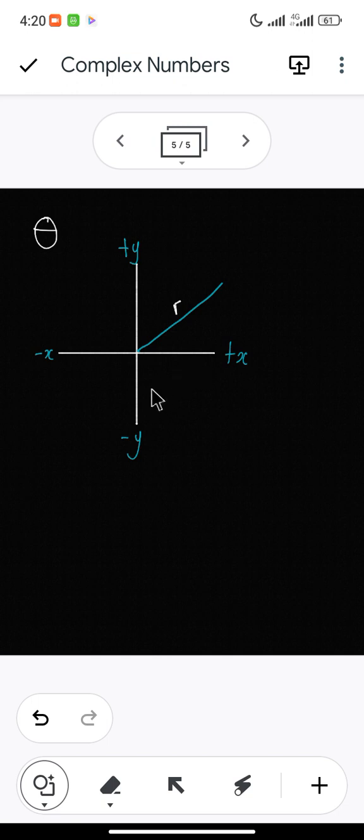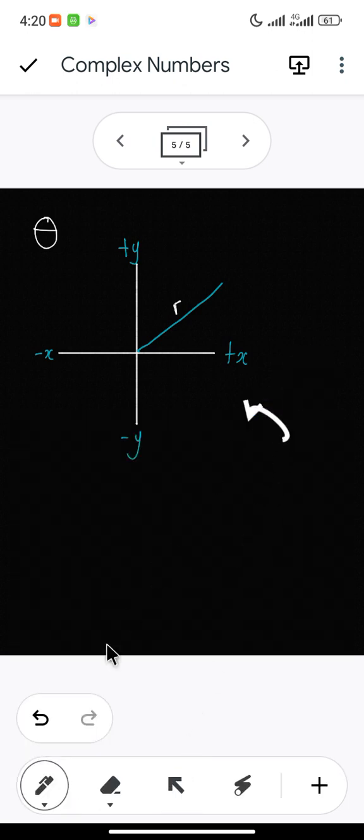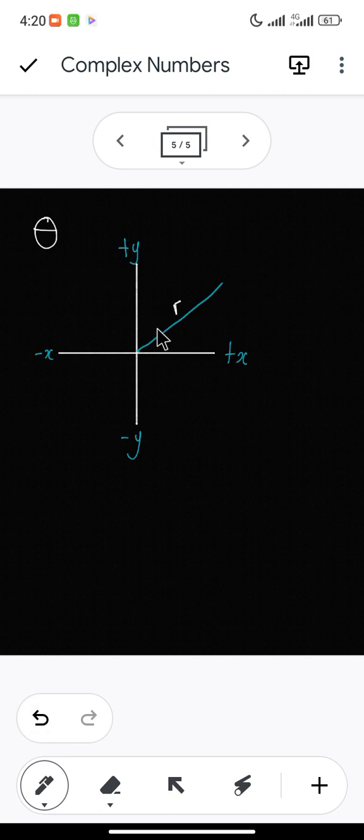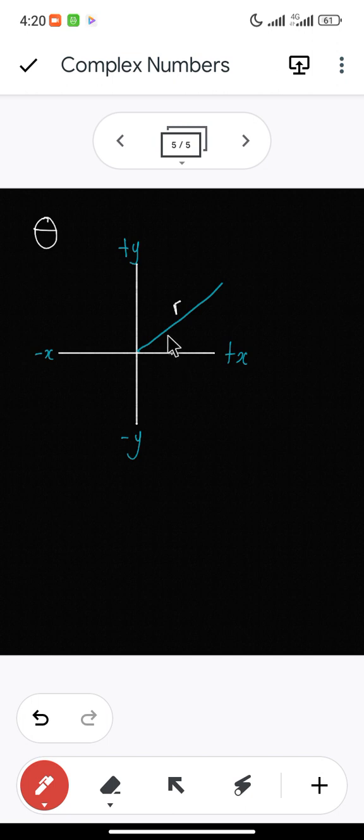So you're going to start drawing from the positive x-axis, and you're going to move in an anti-clockwise direction. That's this way. Now for this kind of example, the augment is simply going to be this way. So this is your augment theta.